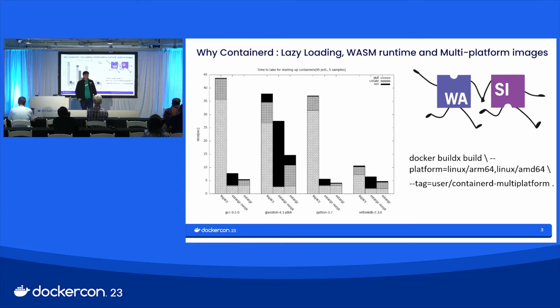Now you're not going to wait for all the files from that image to be downloaded to start the container. The container can start before even loading the files. They're just going to get the files on demand. That's called lazy loading, and that wasn't possible before. The biggest percentage of the startup time of a container is exactly the downloading of the image.